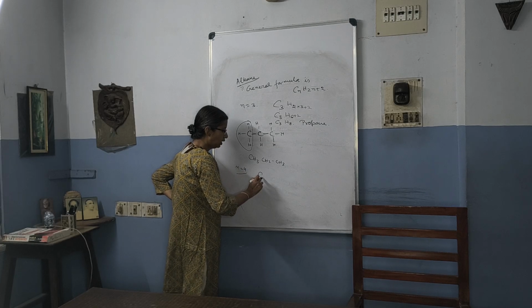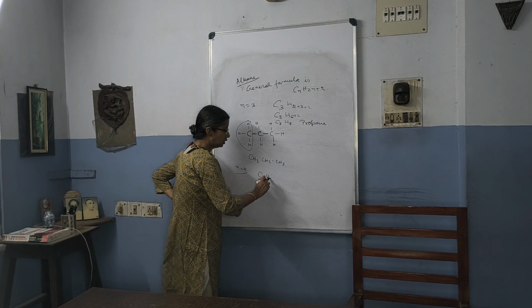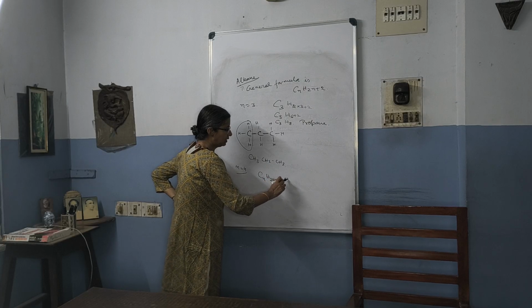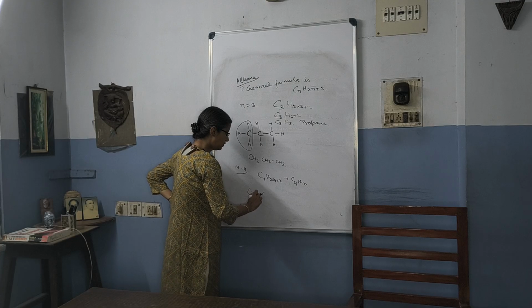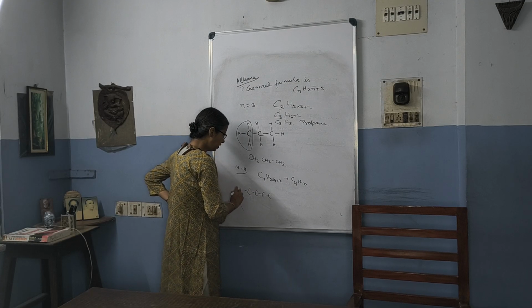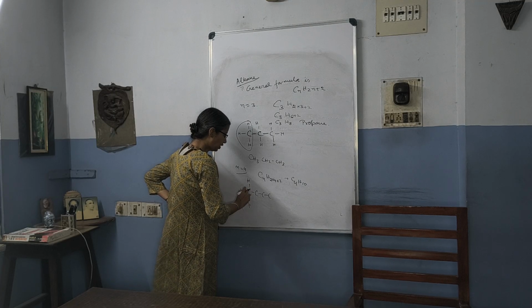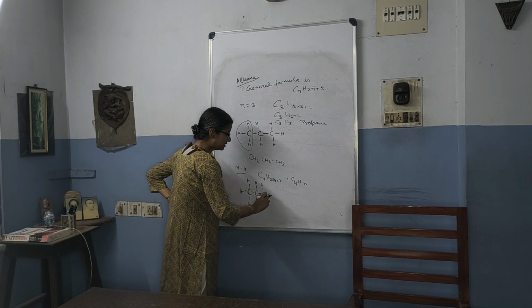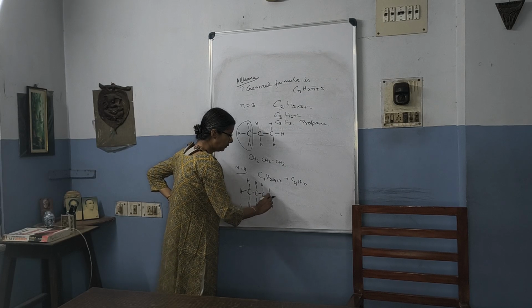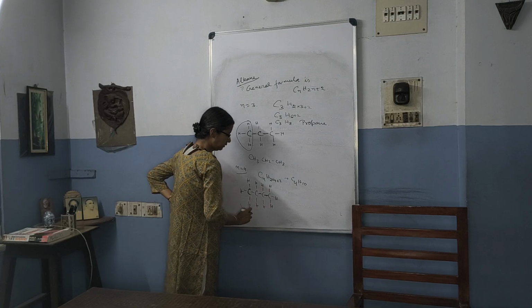n is equal to 4. That is C4H2 into 4 plus 2. That is C4H10. So we get C bond C bond C. You should count each carbon with 4 valencies. This carbon, 1, 2 is already there, so 2 more hydrogens. Then again 1, 2. For the last carbon it will be CH3.